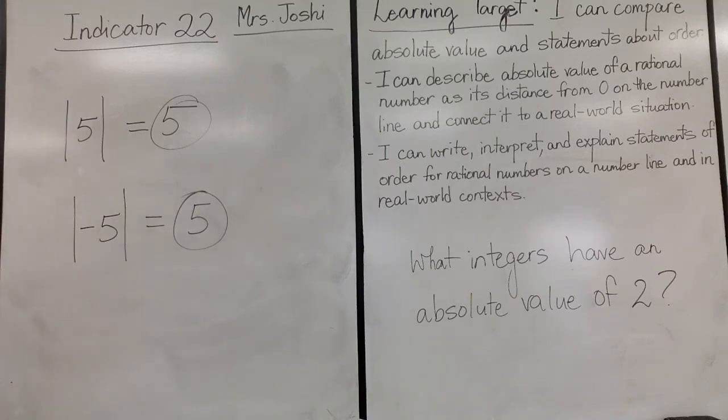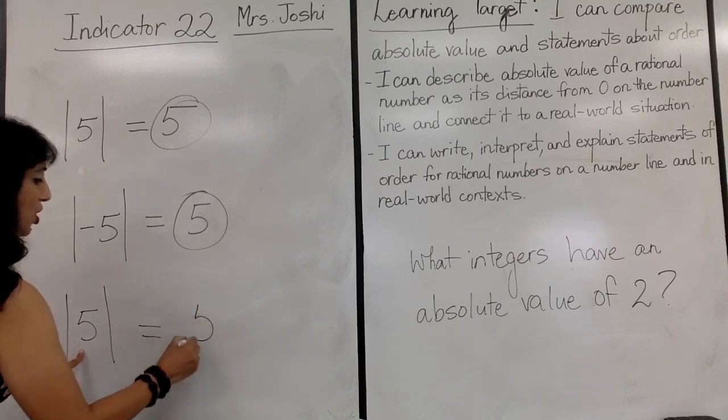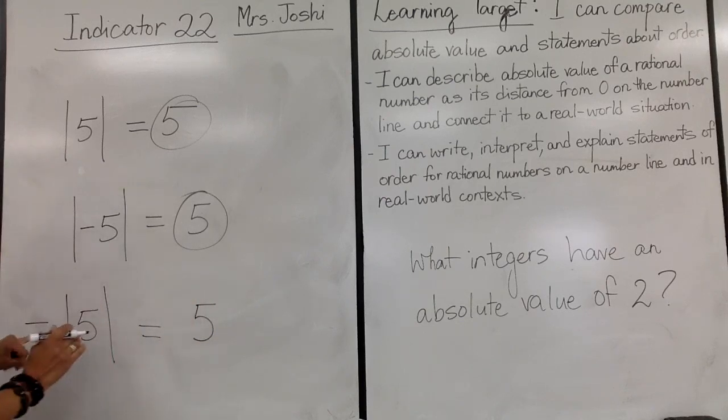Now look, if I had it written out like this, now the negative sign is outside. So what is this now? We are finding the absolute value of 5, which is 5 within here, and then outside we have the negative sign. So that's when the negative sign comes in.